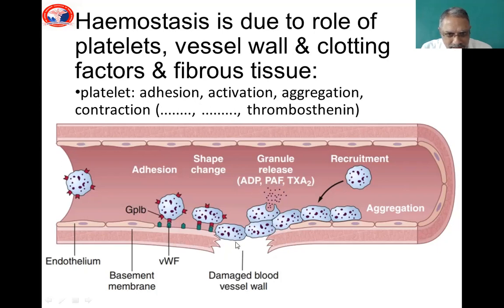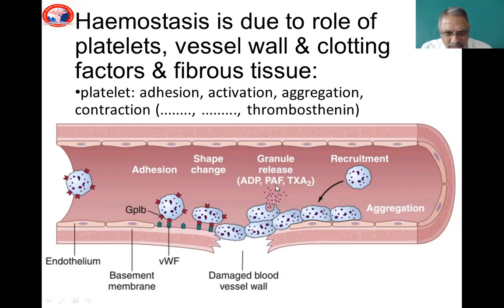It gets adhered to the damaged vessel wall and becomes sticky to other platelets, and the other platelets get activated and degranulate in the presence of calcium. Calcium is required for degranulation of platelets.